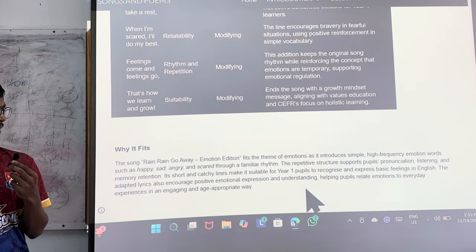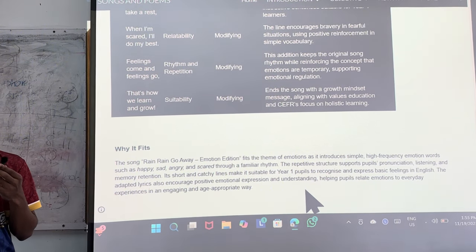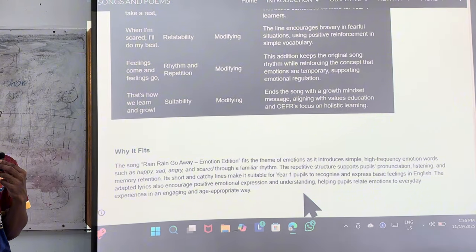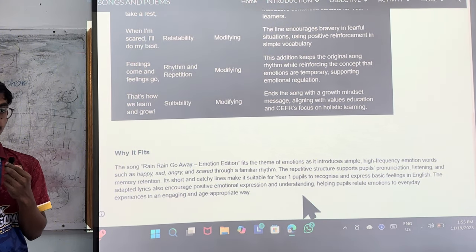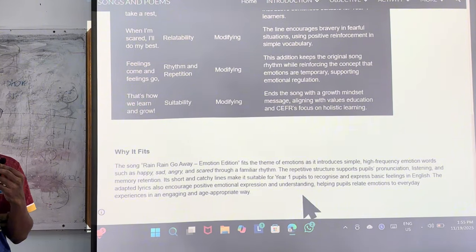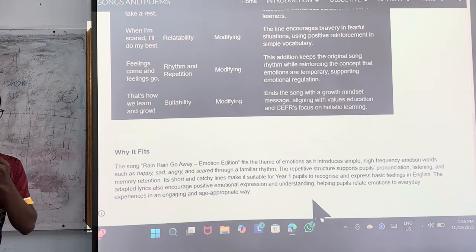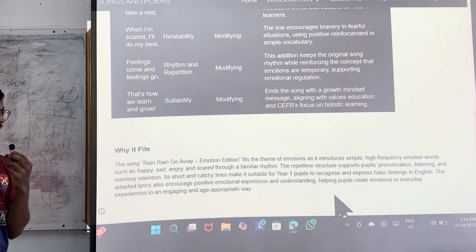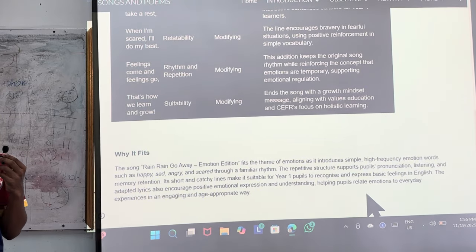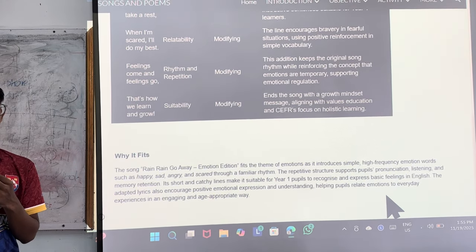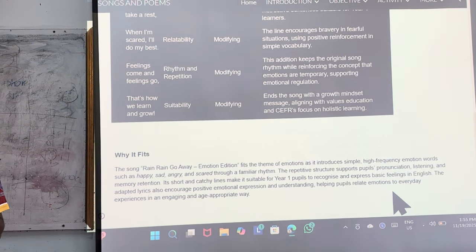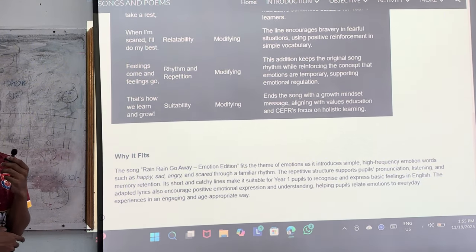It is short and catchy, and its lines make it suitable for year 1 pupils to recognize and express basic feelings in English. The adapted lyrics also encourage positive emotional expression and understanding, helping pupils relate emotions to everyday experiences in an engaging and age appropriate way.